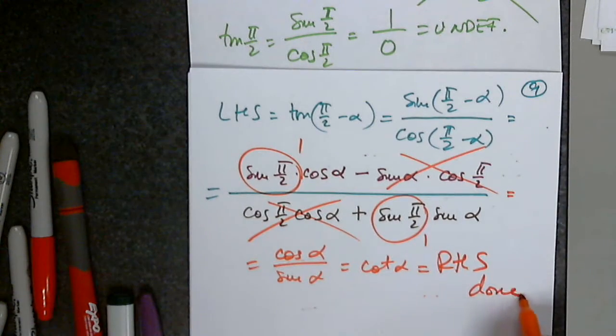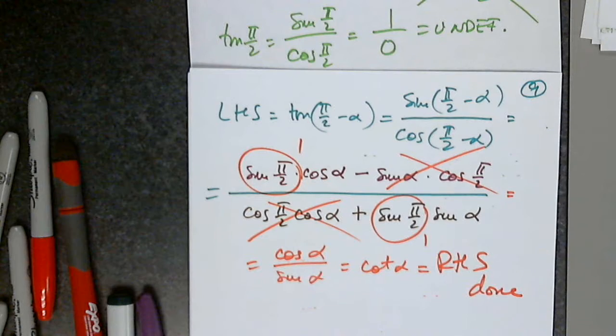Done. That's the reason why I had to wait till I presented the sum formulas and the difference formulas to prove that identity. So that these are the cofunction identities. And now if I say sine pi over 2 minus alpha, you will say cosine alpha.